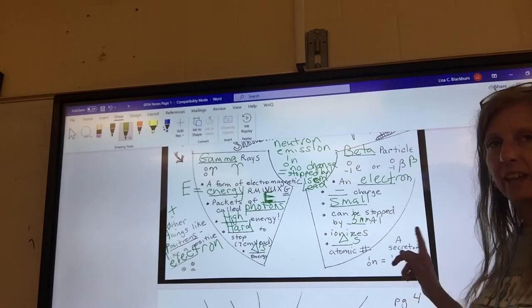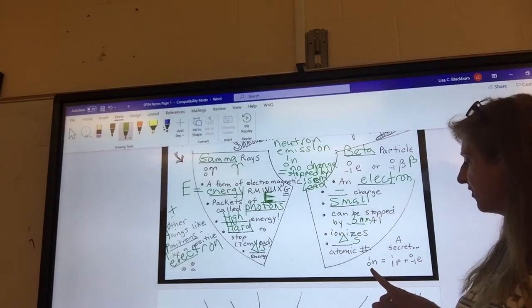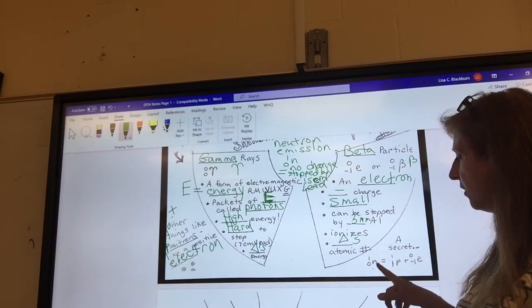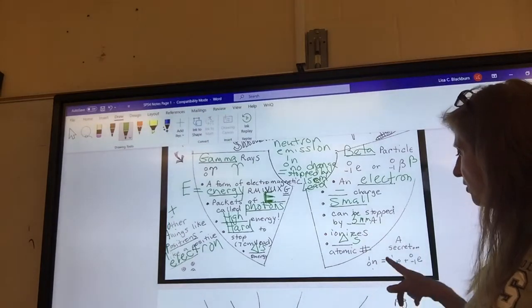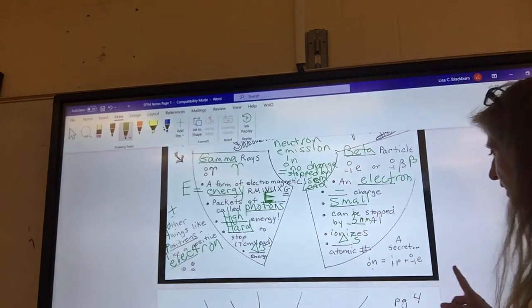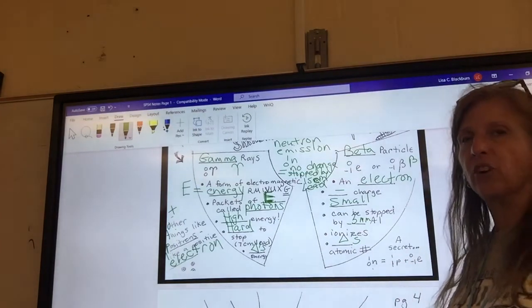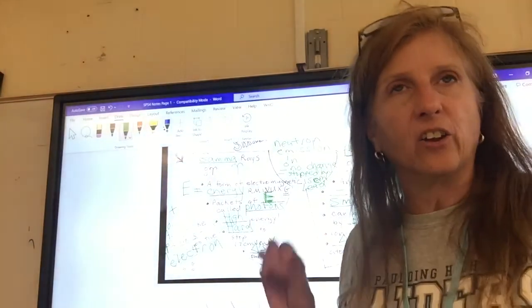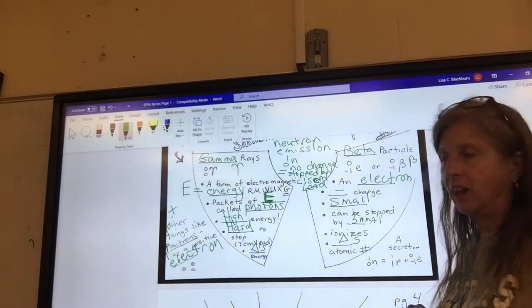All right. So this is the last little bit of information I need you to know. What is that the symbol for? 1, 0, little n. What is that? Neutron. A neutron is made out of, and this is like a secret, a proton and an electron. If you take a neutron and hit it real hard, it'll split into a proton and an electron.